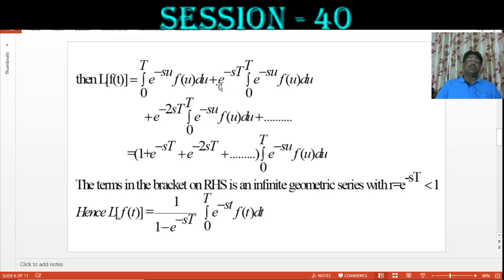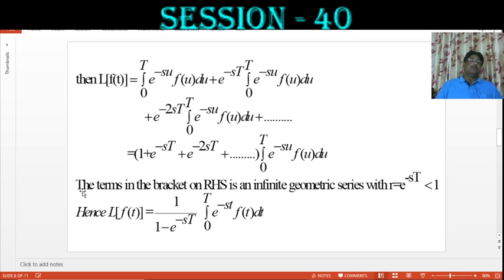From that substitution you have to calculate the upper limit, the lower limit, and dt. In the first integral also you have to replace t by u. No doubt, in all these integrals, integration 0 to T of e raised to minus su into f of u du is common. In the first term it is 1, in the second term e raised to minus sT, in the third term e raised to minus 2sT, and so on.